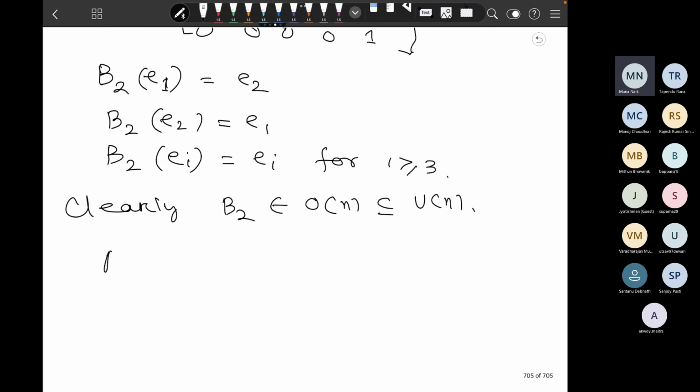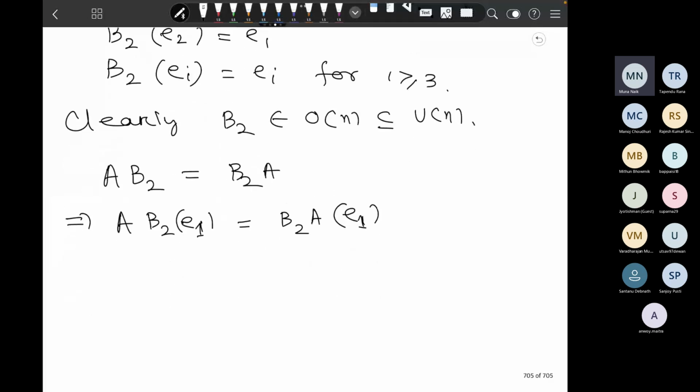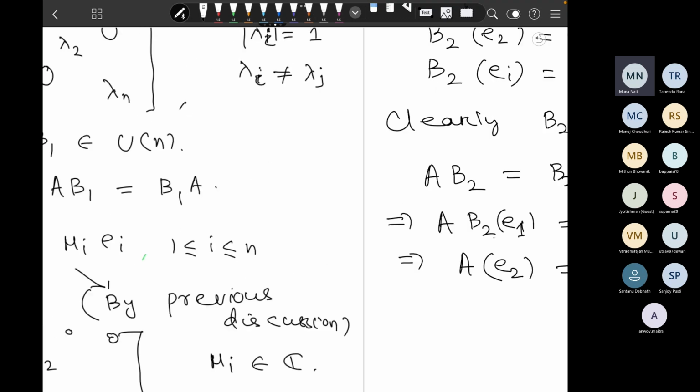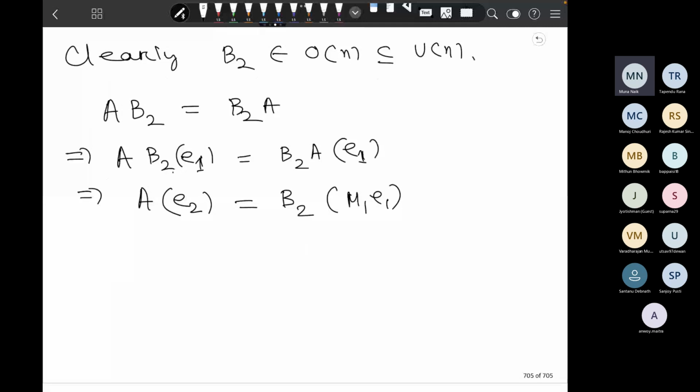Okay, so now AB2 is equal to B2A. That means AB2 of E1 is equal to B2A of E1. So that will give you B2 of E1 is E2, and B2A of E1 is equal to mu1 E1. You remember, if this was the matrix, A E1 is equal to mu1 E1.